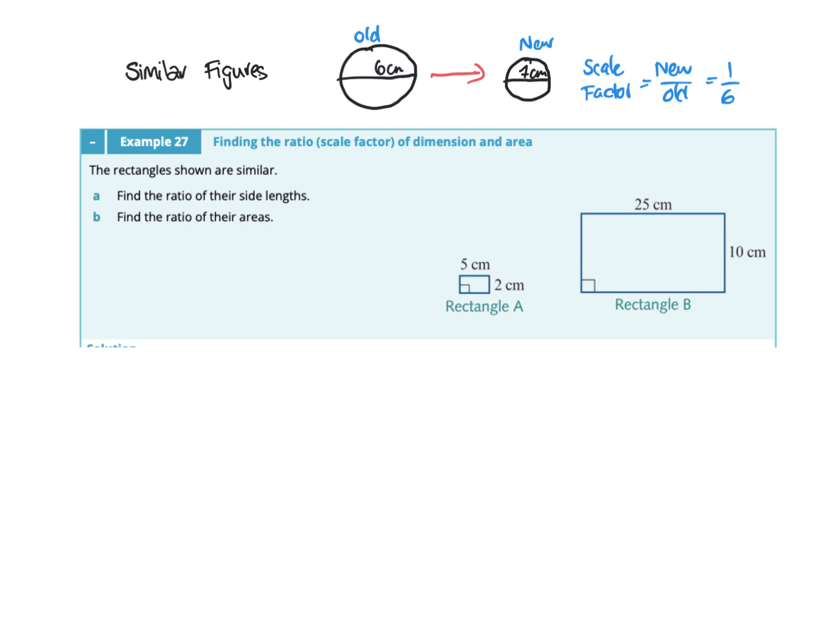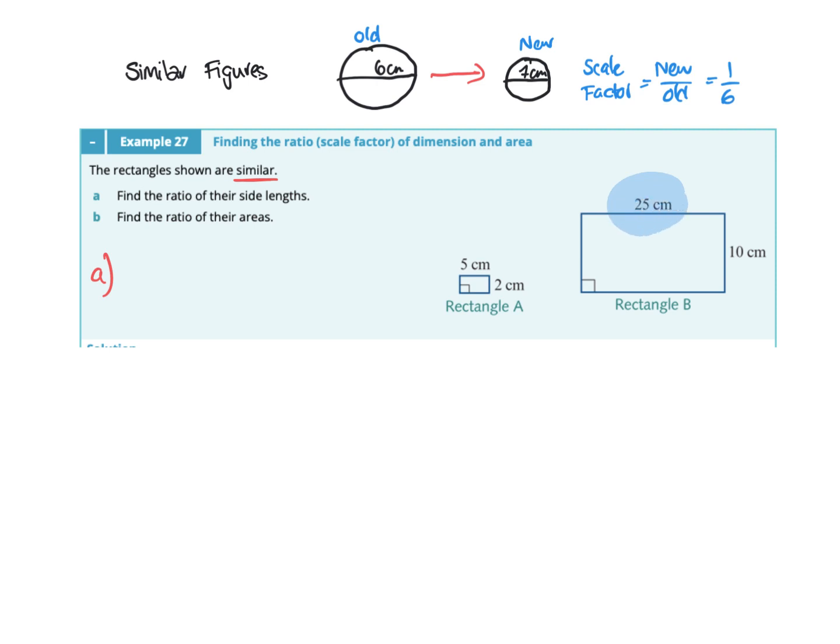So here in our question down here, it says the rectangles are shown to be similar. They often will tell you that they are similar, so you know you can do this process. In part A, it says find the ratio of their side lengths. All you have to do is compare the same sides.